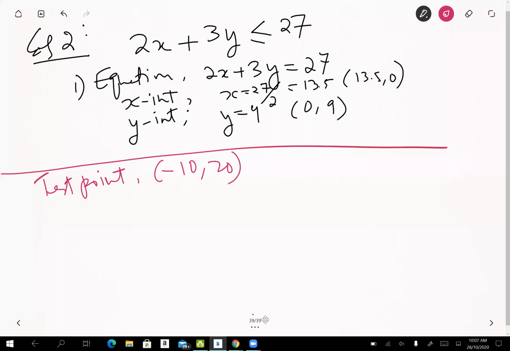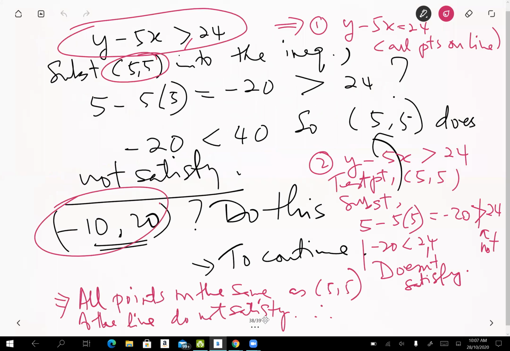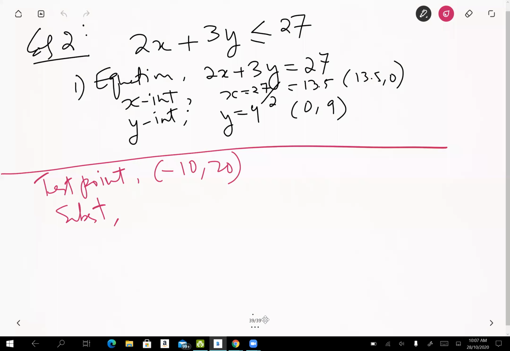Okay, so again here we substitute into equation 3, y minus 5x. So y minus 5x, that would be 20 minus 5 times negative 10.